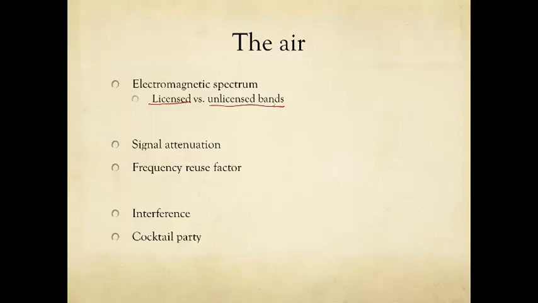In the air, the signals suffer all kinds of distortion. One is signal attenuation. The power drops over distance, and that leads to frequency reuse and the foundation of the cellular network. Another feature is interference.